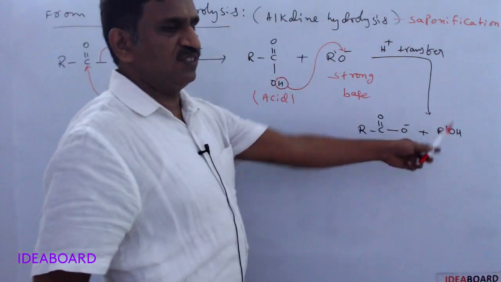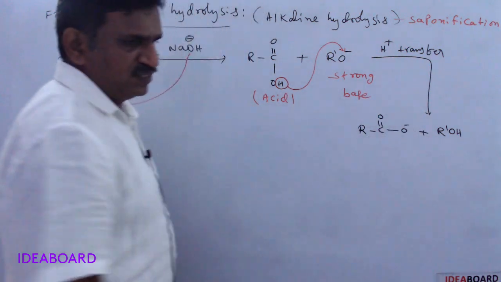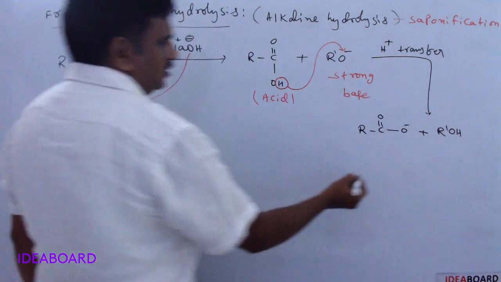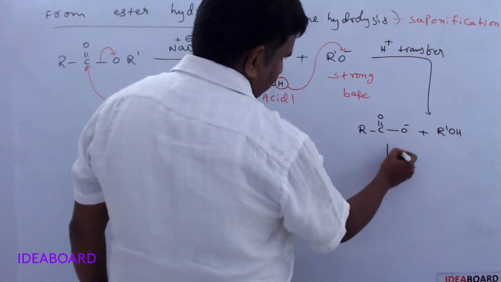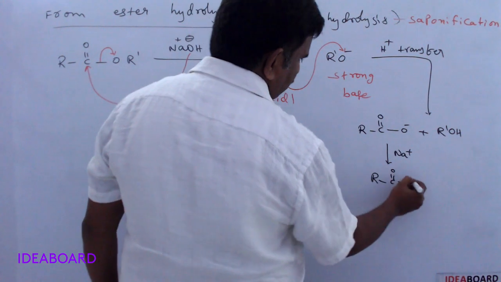So one alcohol is formed, see here. And what is the next one? RCOO minus. Here what we have? Na plus. That Na plus will react with this and so we are getting RCOONa.